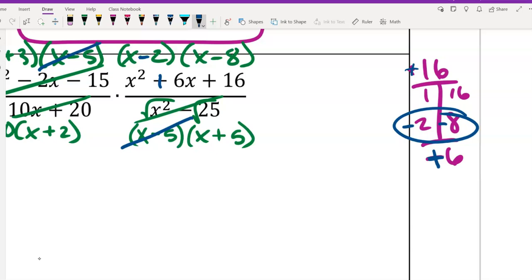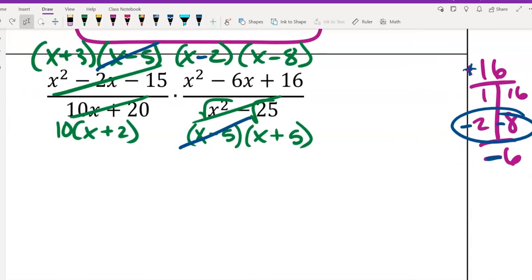No, that's not going to work. Well, that sucks. 16 on top. If we had a negative 16, and yeah, we need the 16 to be negative, and 6 can stay positive.